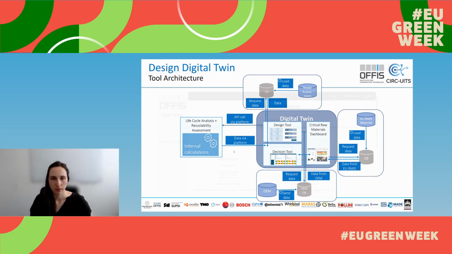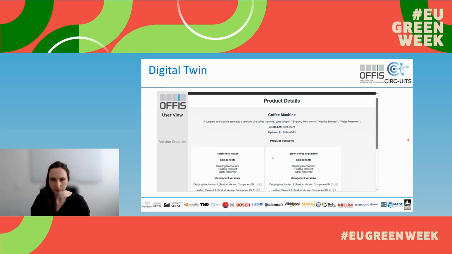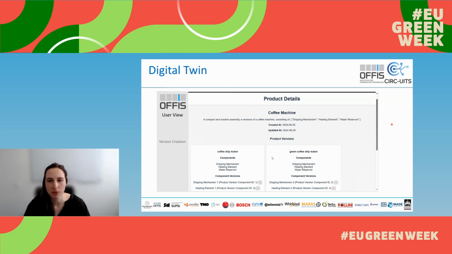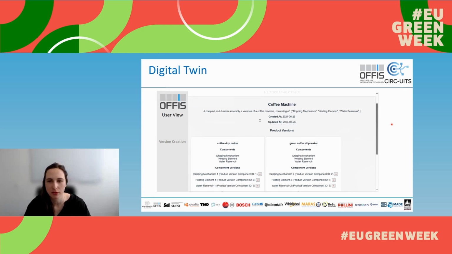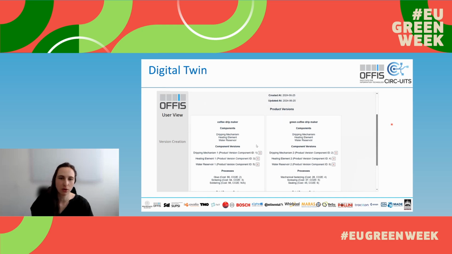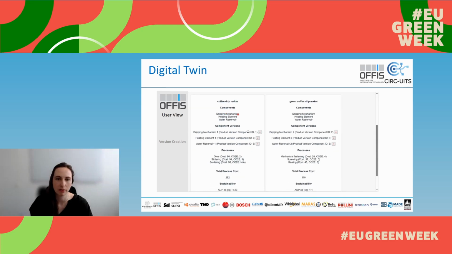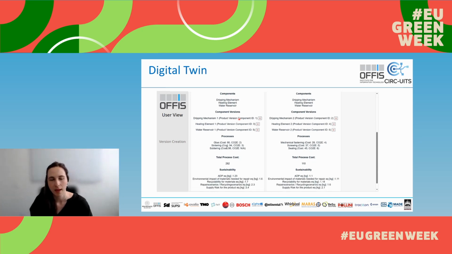On the next slide, we can now see the digital twin. We made an example with coffee machines, because I think everyone knows a drip coffee maker, with the components you can see here: the dripping mechanism, a heating element, and a water reservoir, so very simple. Then we have different component versions.